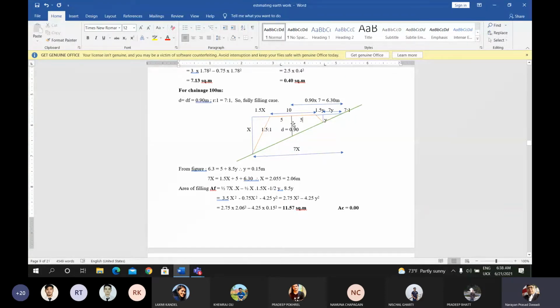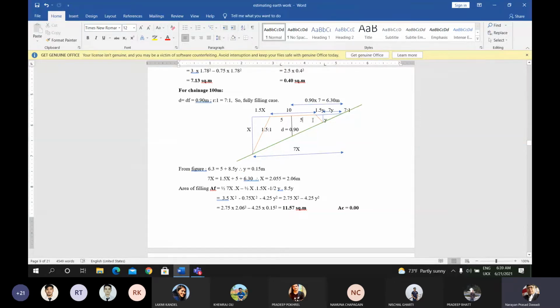Now from the center line to the ground line, the horizontal distance is 6.30 meter. So 6.3 will be 5 plus 7y plus 1.5y, that is 8.5y plus 5 is equal to 6.3. Therefore y is equal to 0.15 meter.